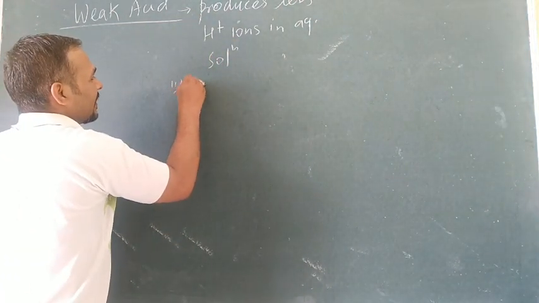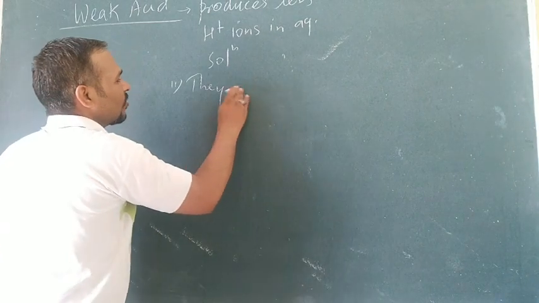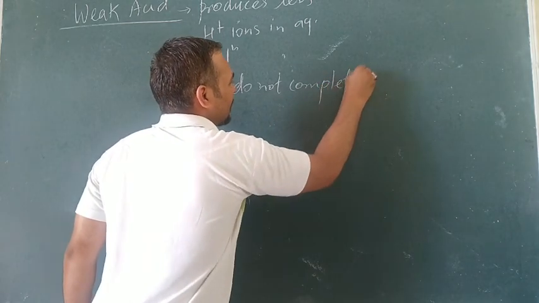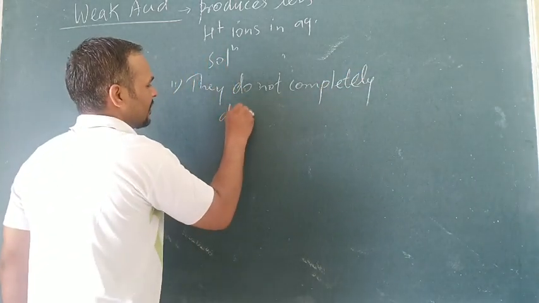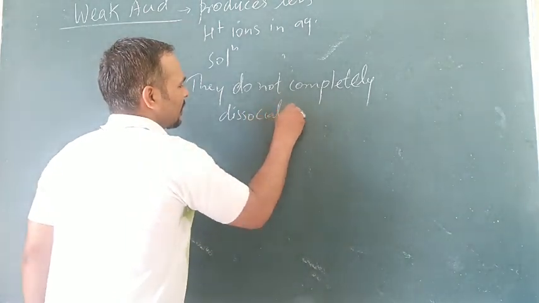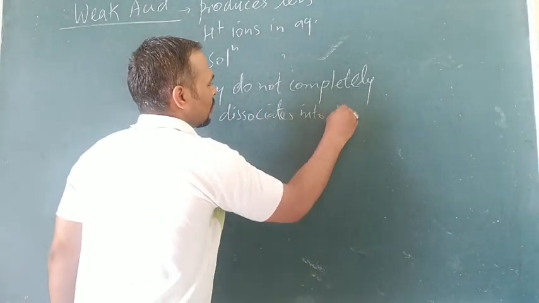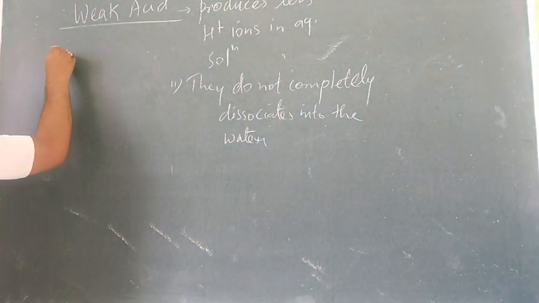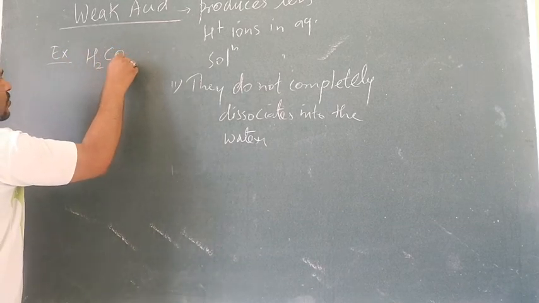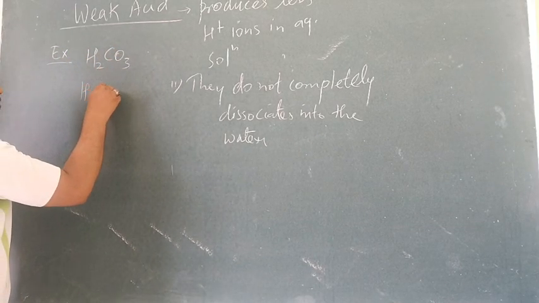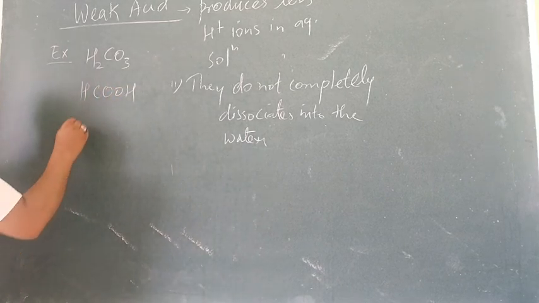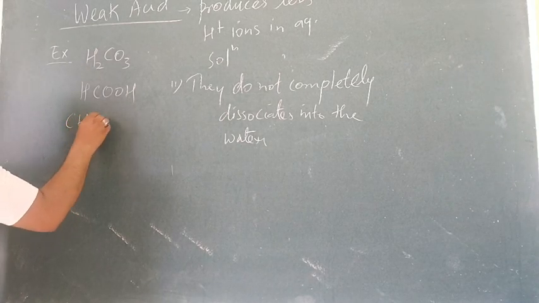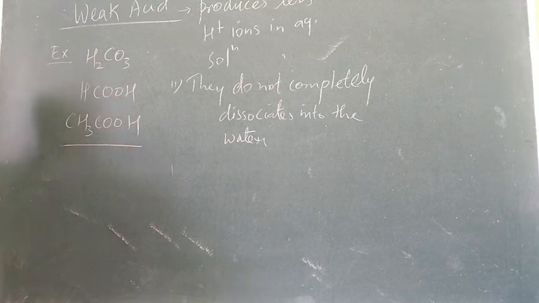Number two, they do not completely dissociate into the water. For example, see carbonic acid H2CO3, formic acid HCOOH, right? Citric acid, and many other acids also you can see, acetic acid. They are the common examples of weak acids.